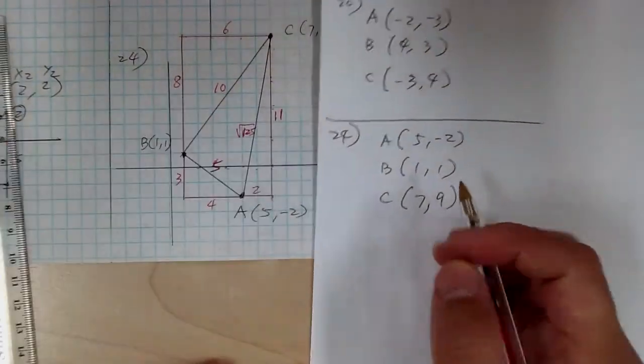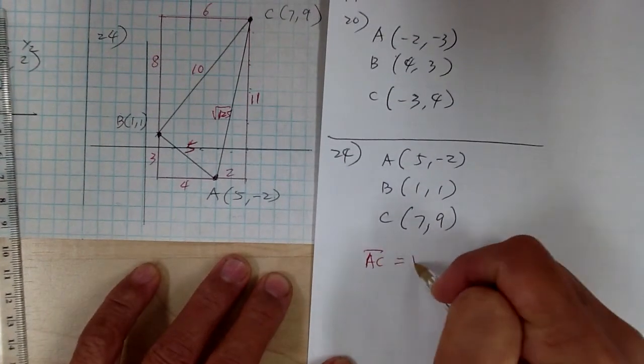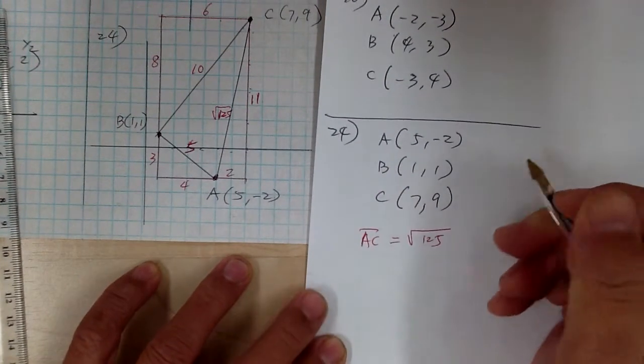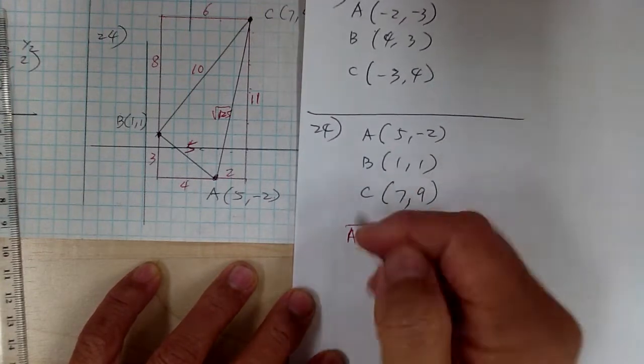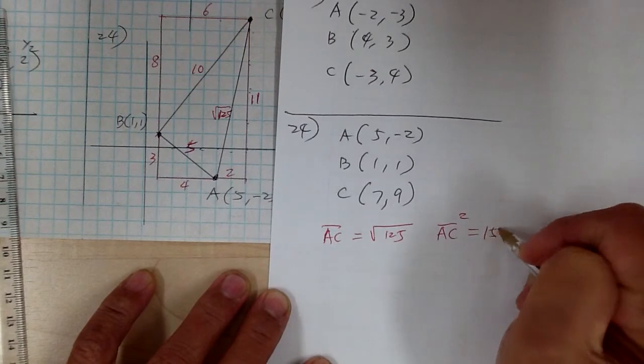Okay, so AC is the longest side, so AC is equal to square root of 125, and so AC square equals 125.